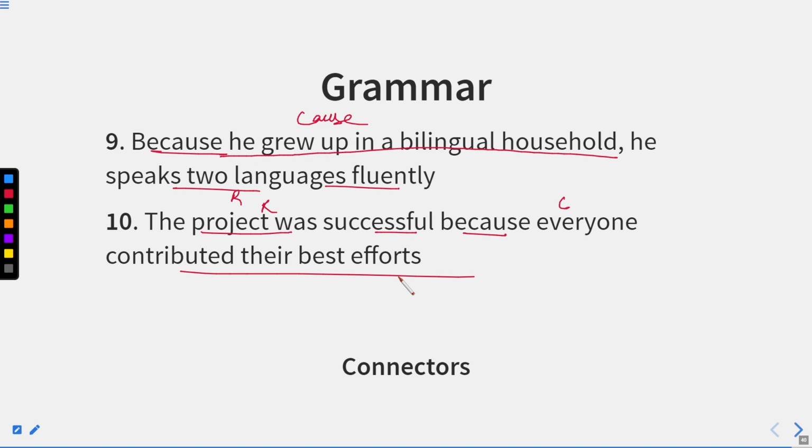Now there is one more thing. If I use because in the beginning of the sentence or in the middle of the sentence, it just shows the cause and the cause clause will come just after it. Whereas in other conjunctions that we are going to discuss in later sessions, the structure will be slightly different.